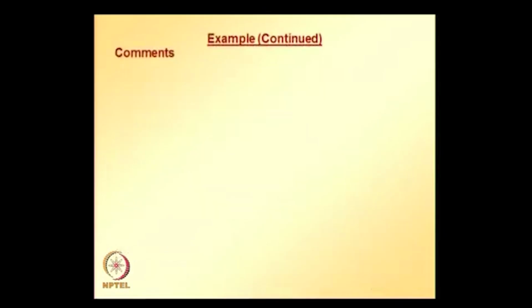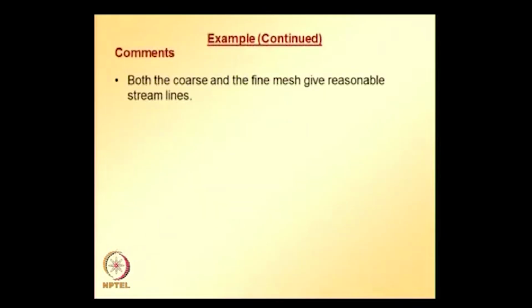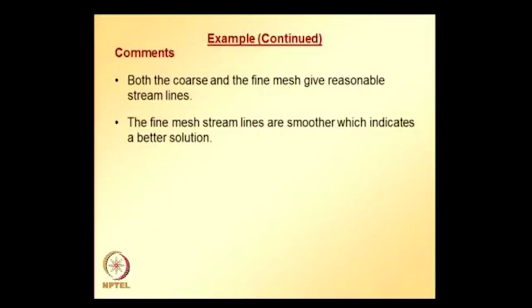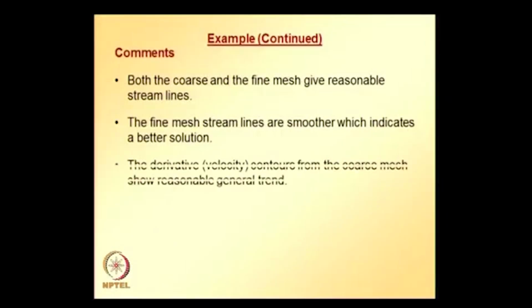Let us see how the solution matches. Both coarse and fine mesh give reasonable streamlines, that is expected, because the solution itself may converge very fast, whereas derivatives of the solution require a finer mesh.